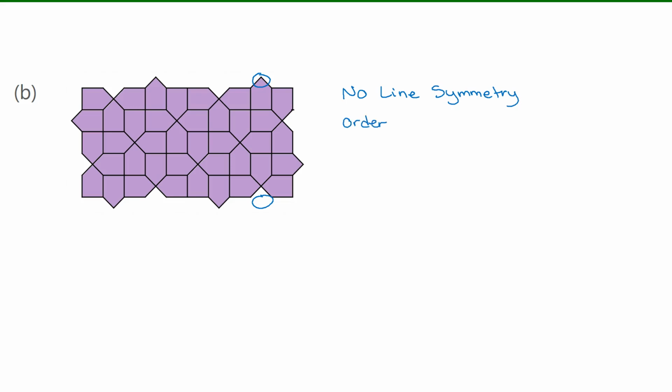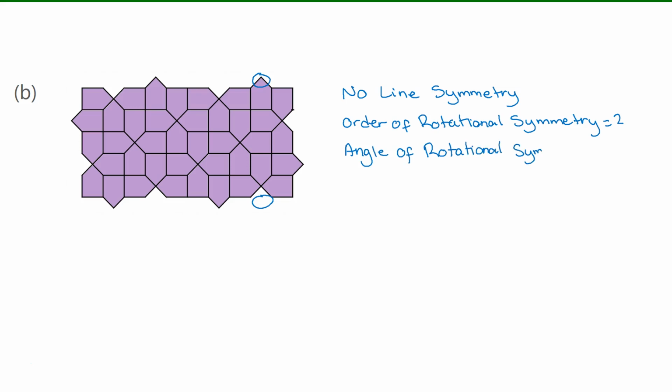Again, you can use your tracing paper to determine that the order of rotational symmetry is 2. So now the angle is going to be 360 degrees divided by 2, which is 180 degrees.